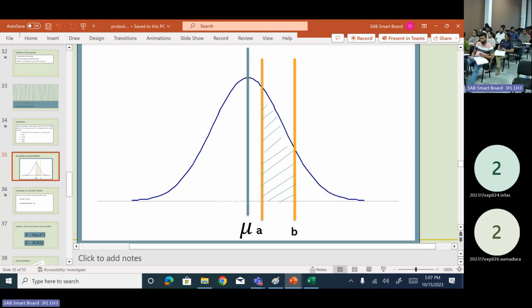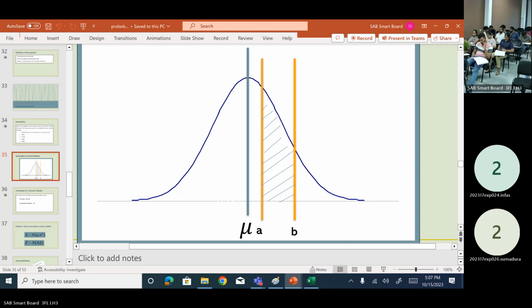If you fold this structure, this part comes and meets the other. So it is a symmetric structure. The first one: bell-shaped symmetric distribution about the mean.